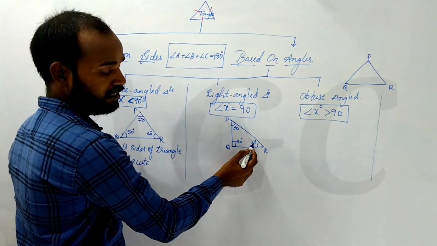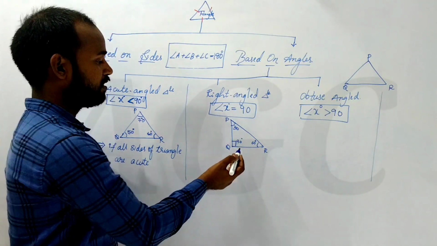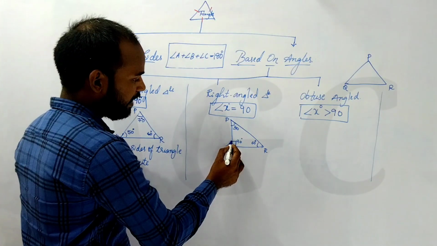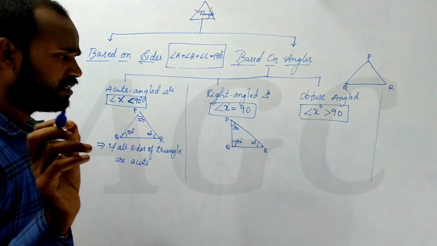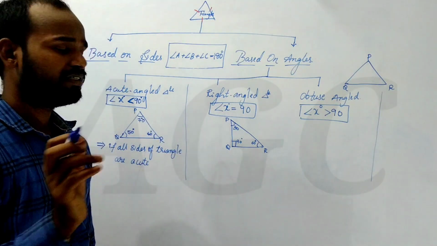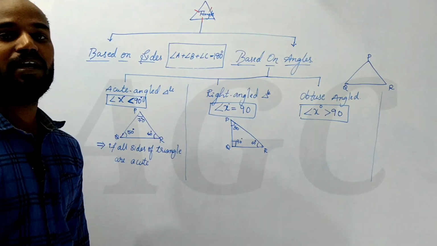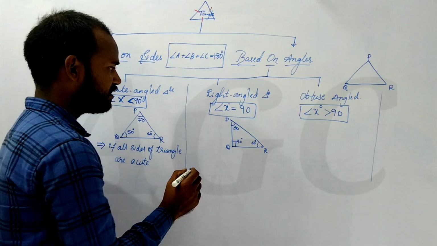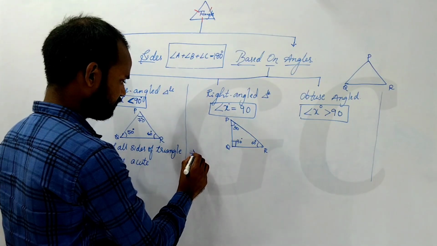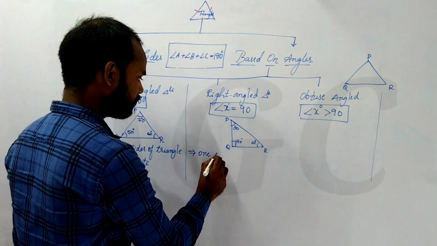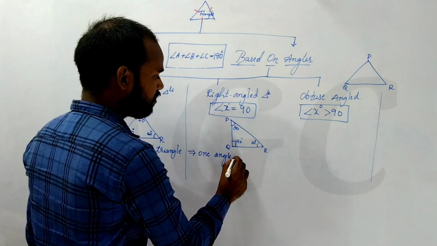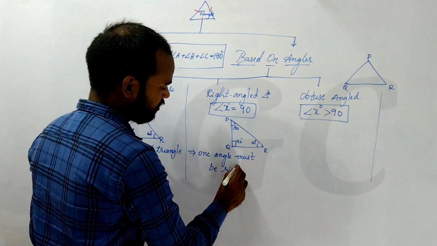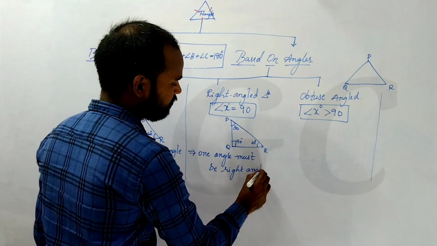Yes, 90 plus 60 is 150, plus 30 is 180. So if any one of the angles is equal to 90, then that triangle is a right angle triangle. Our definition is: one angle must be a right angle.